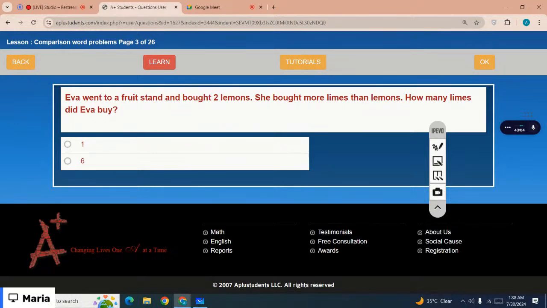Eva went to a fruit stand and bought two lemons. She bought more limes than lemons. How many limes did Eva buy? So, which is the correct option?